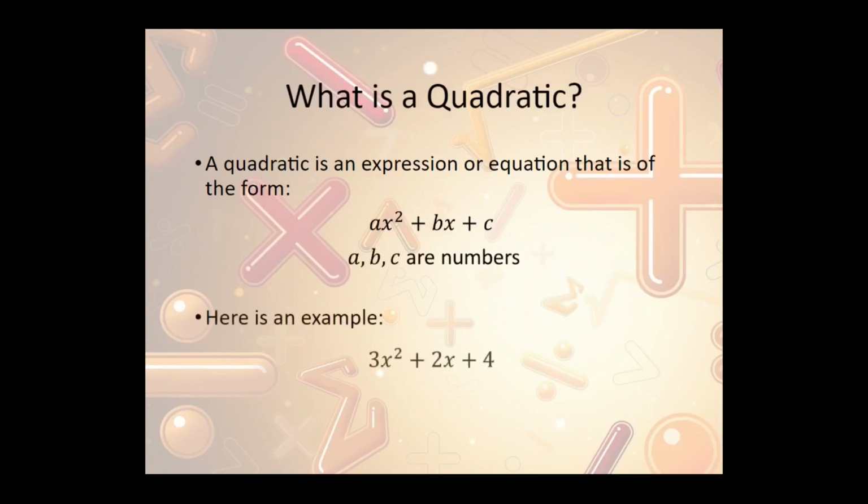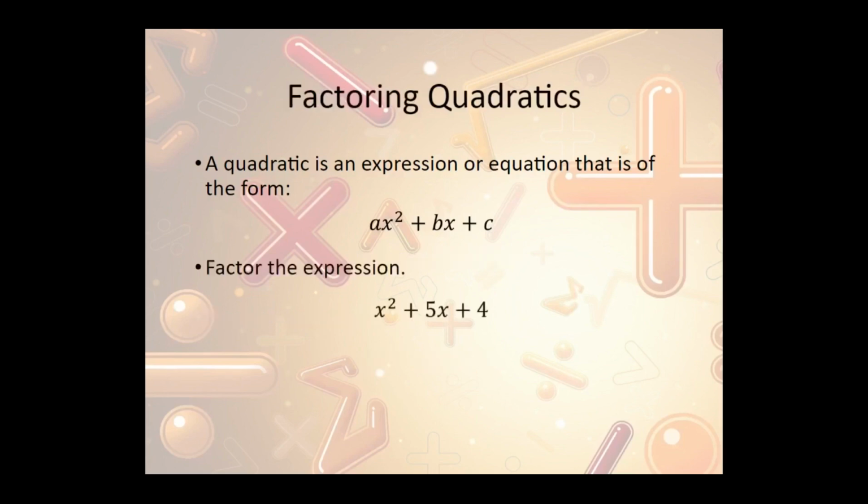So an example would be 3x squared plus 2x plus 4. That would be an example of a quadratic. So if I asked you to factor this quadratic, x squared plus 5x plus 4, the solution is going to be of this form: x plus m times x plus n, and m and n will be some number.